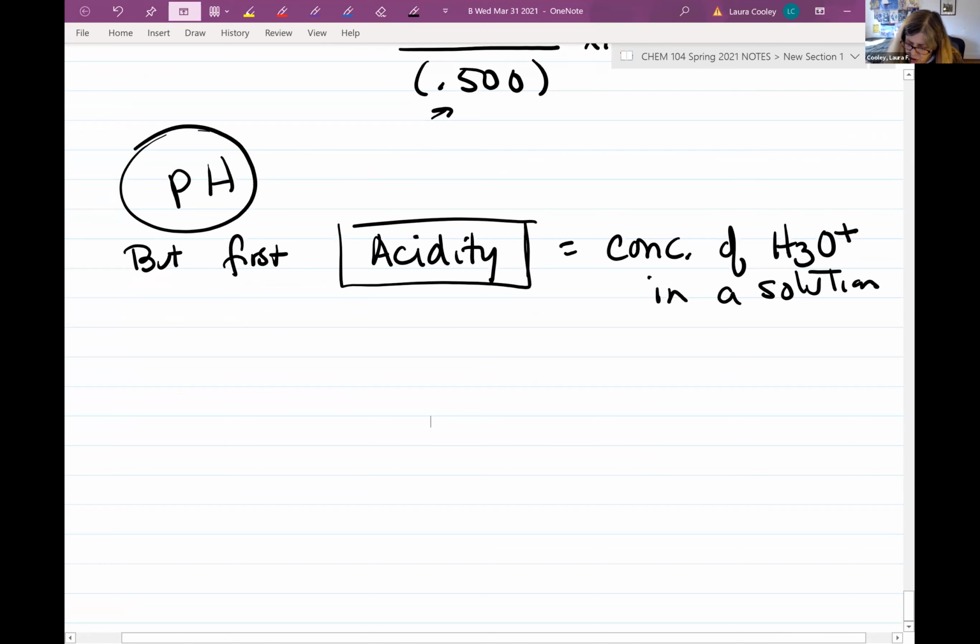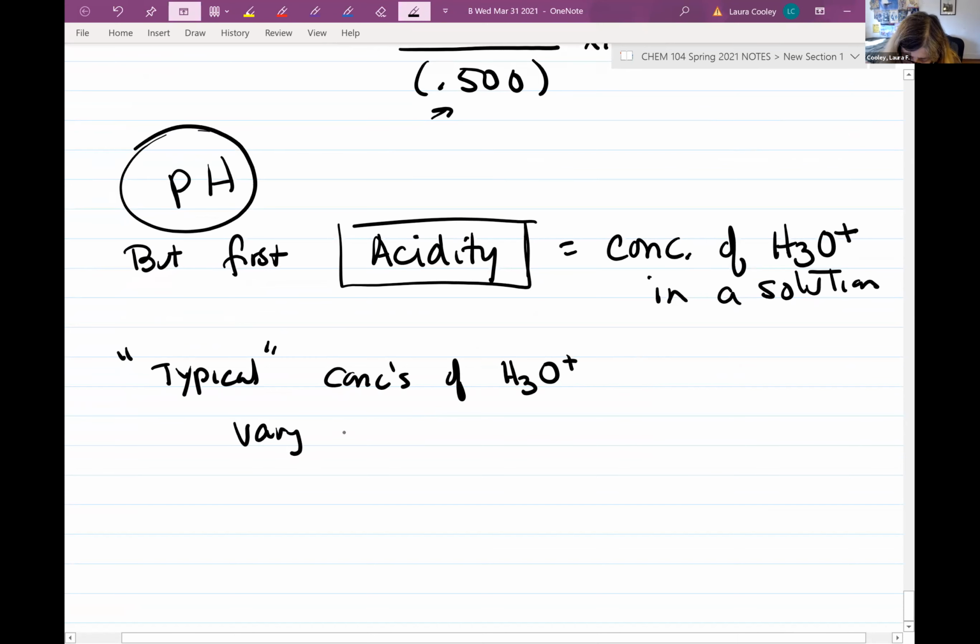So just to talk about the types of "typical" concentrations of H3O plus ions. There is no typical value. That's why I put it in quotes. They vary all over the place.